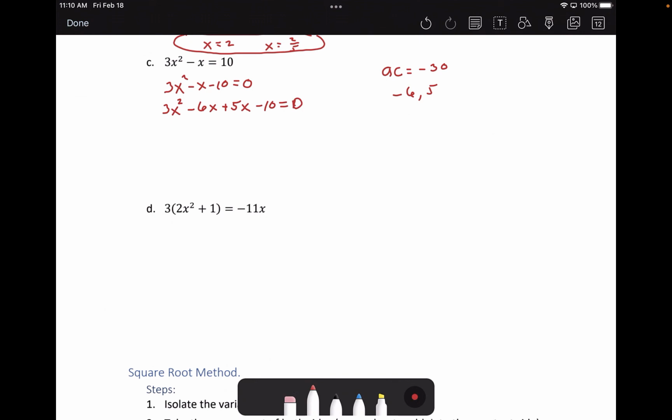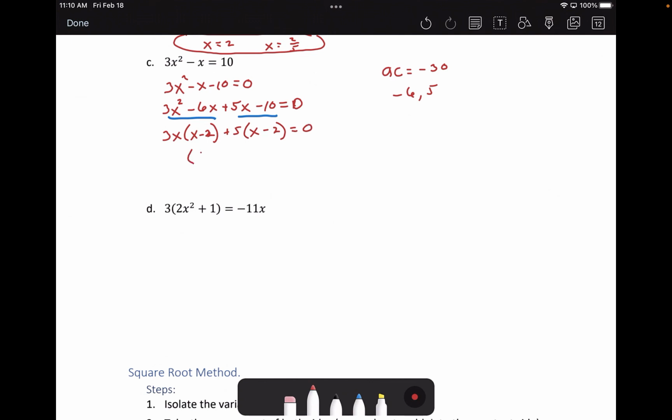Pull out the GCF from the first two terms. Their greatest common factor is 3x. You're left with x minus 2. Now look at the last two terms and factor out their greatest common factor. In this case, 5. We're left with x minus 2. Notice the parentheses are identical.